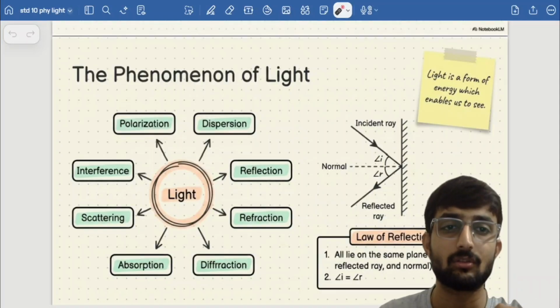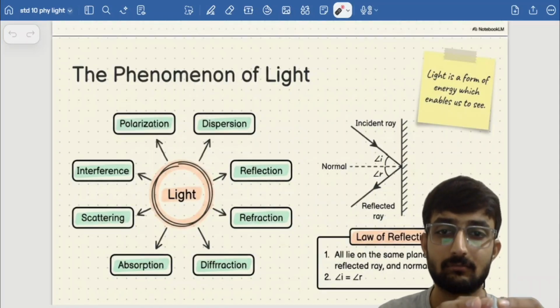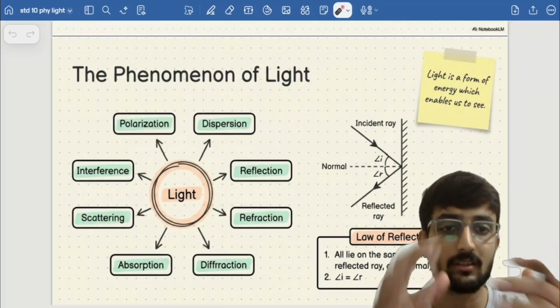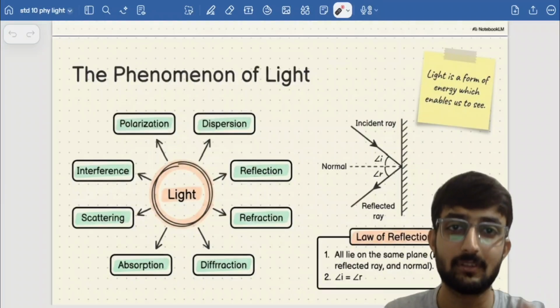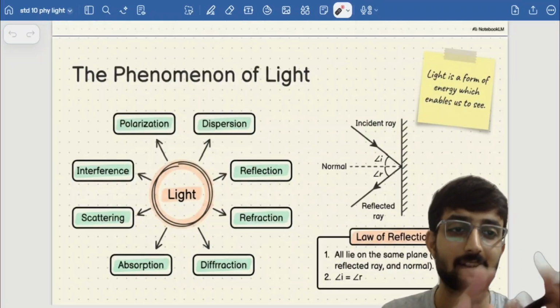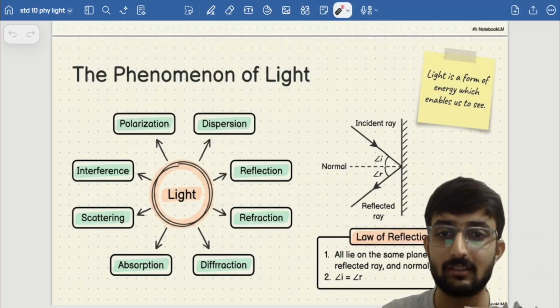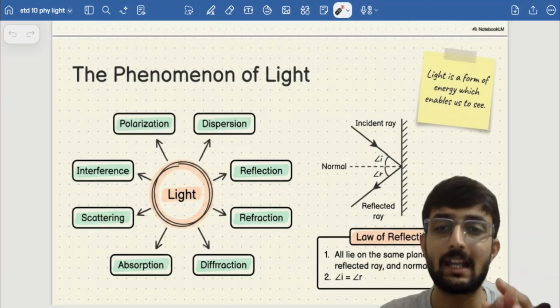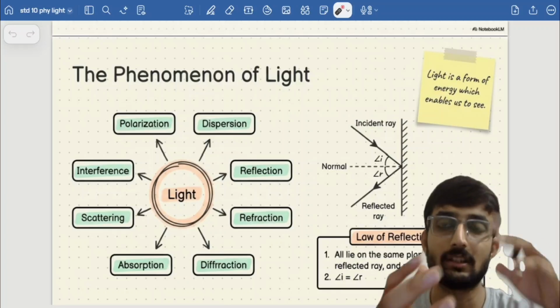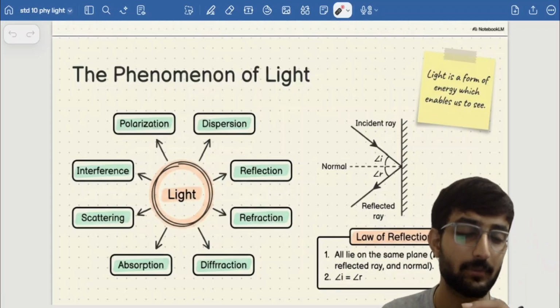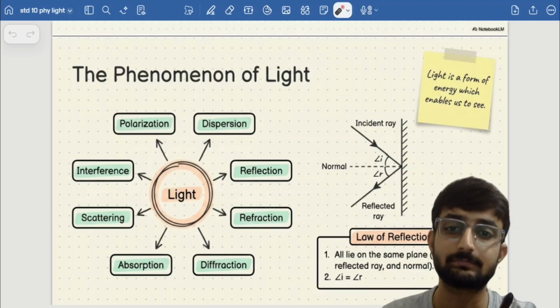We can't capture it, we can't hostage or kidnap light. Light makes its way. We can stop that light, but we can't put it in a jar, because light is a proper form of energy which enables us to see.